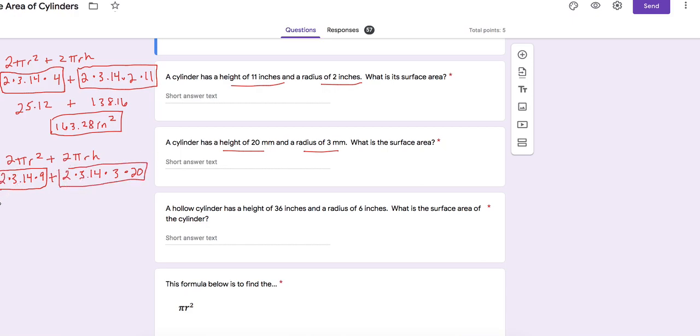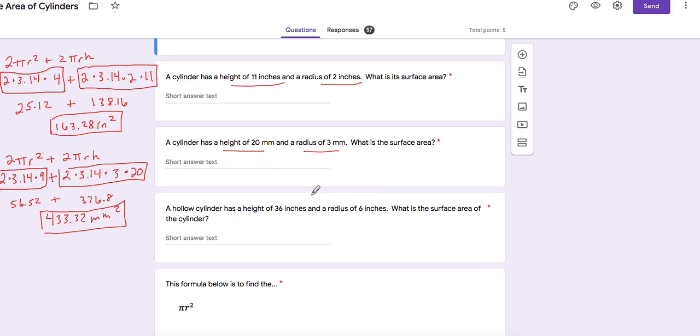The left side is 56.52 and the right side is 376.8. Then we add them together, and we get 433.32 millimeters squared.